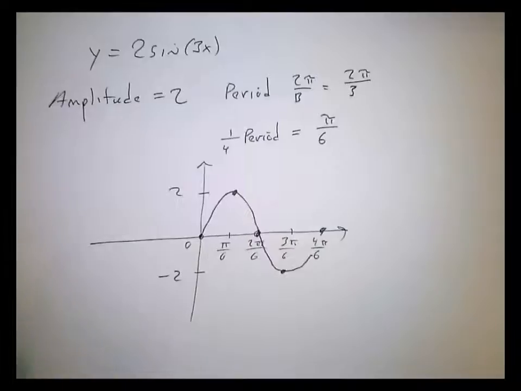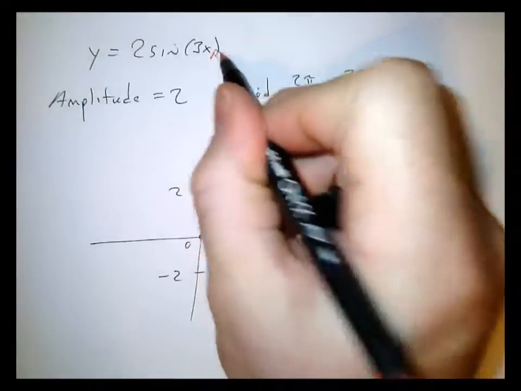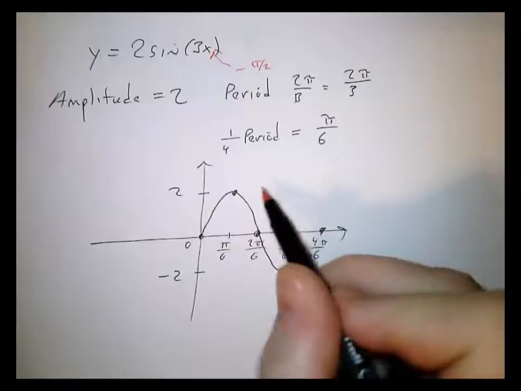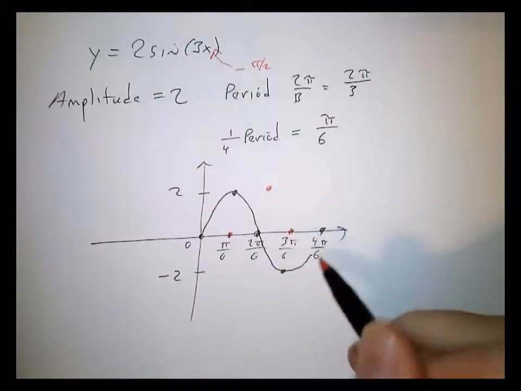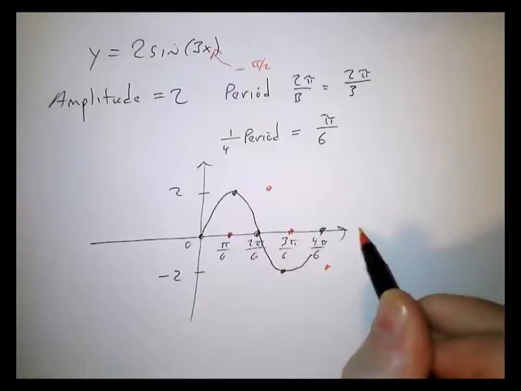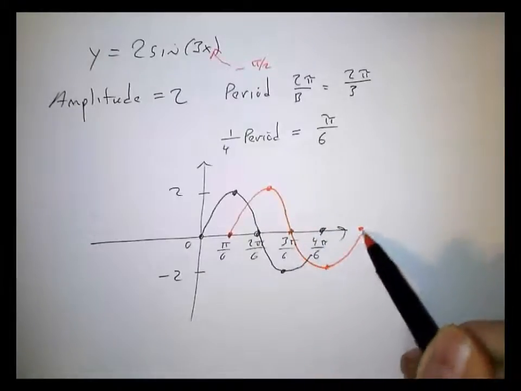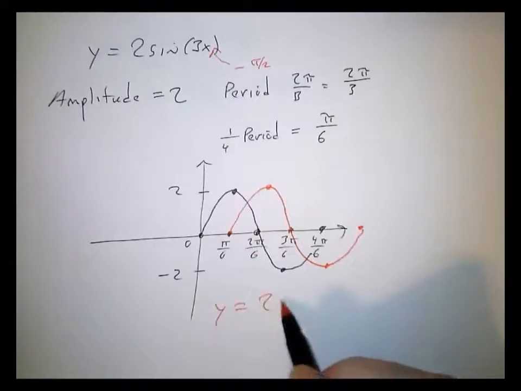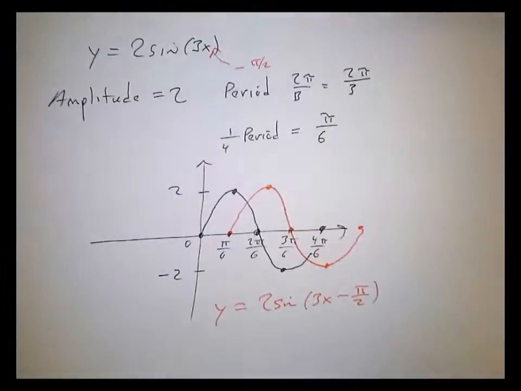But now I'm going to have here, okay, so I'm putting in this minus pi over 2 here, and it shifts over here. So here I have that shifted, that, that, and then I'm half point there off of the grid. But you see how that, so this is going to be my graph of y equals 2 sine of 3x minus pi over 2. Okay. Is that good?